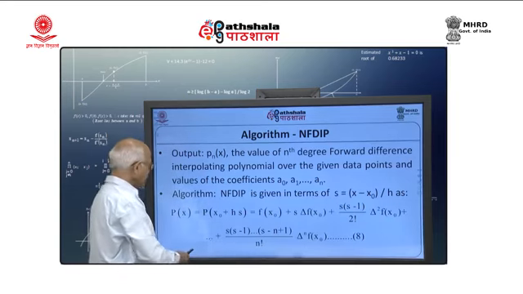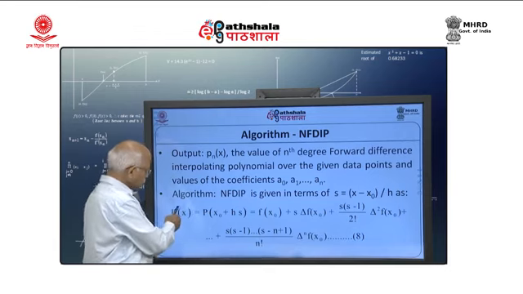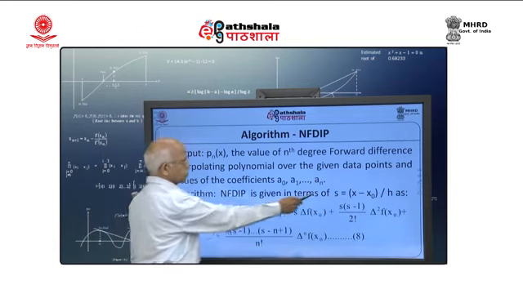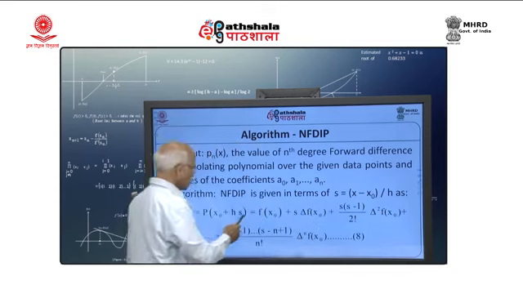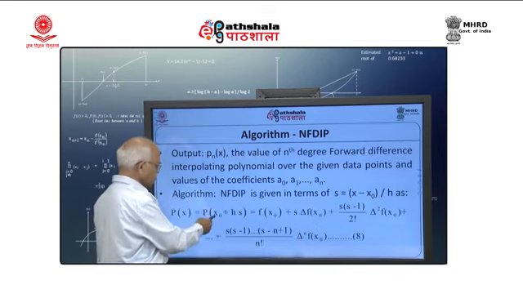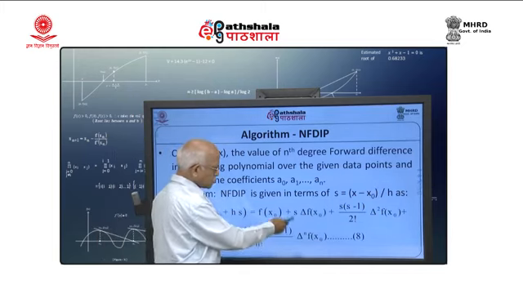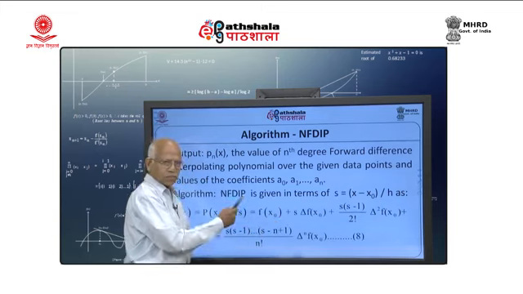So, that is my s. Then your p of x is given in terms of this. In general, from here you can compute x, which will be equal to x 0 plus h s. So, p of x is the same as p of x 0 plus h s, and which is given in terms of this. This formula was derived in the previous module.